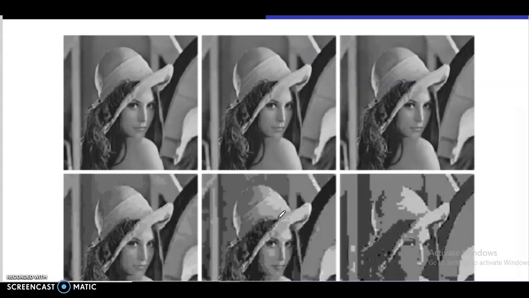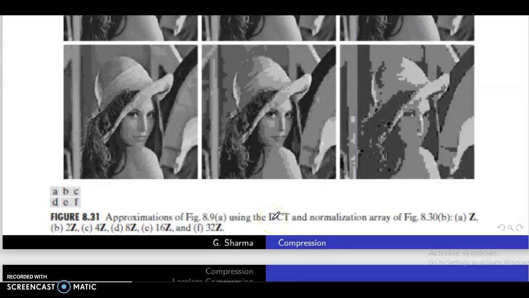Already we have seen this one, approximations of figure 8.98 using DCT and the normalization array of figure 8.30.